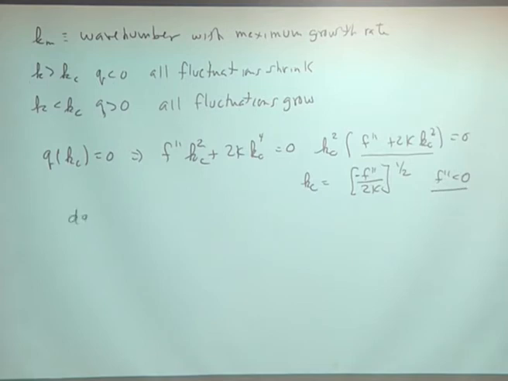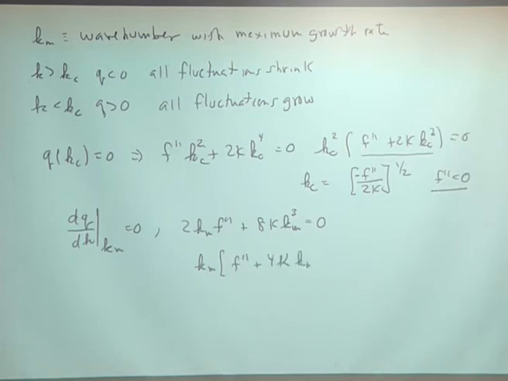dQ by dk, you set that equal to 0 at km, and you get 2km F double prime plus 8 kappa km cubed equals 0. So that's km times F double prime plus 4 kappa km squared equals 0.